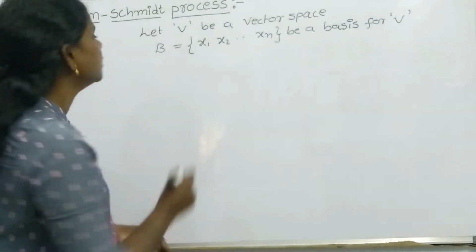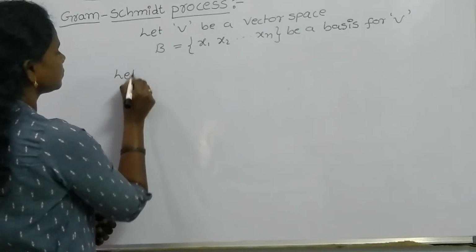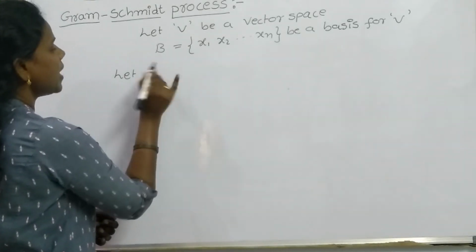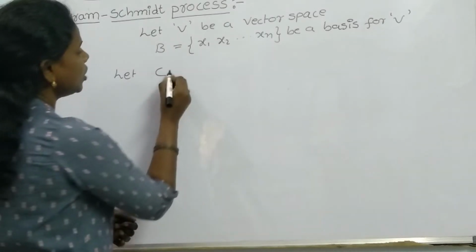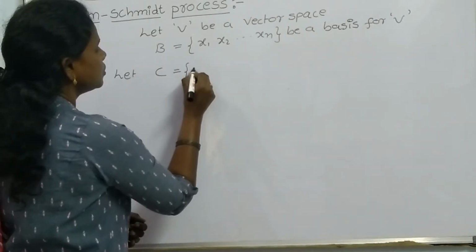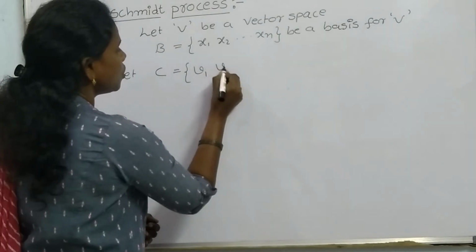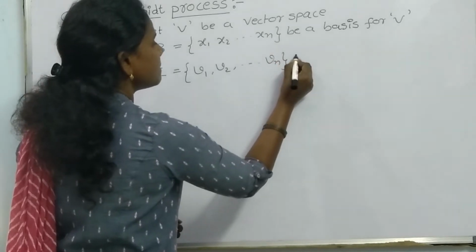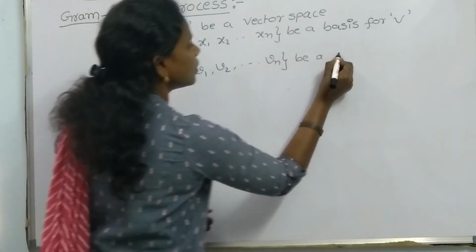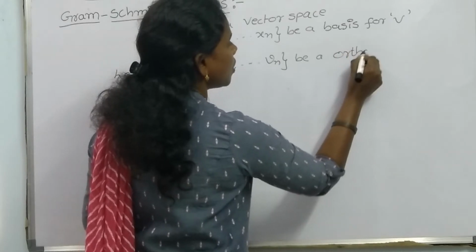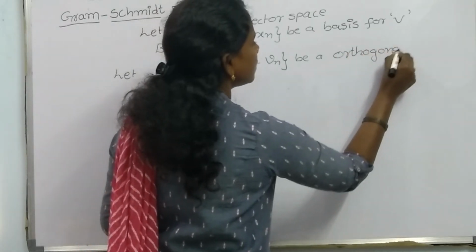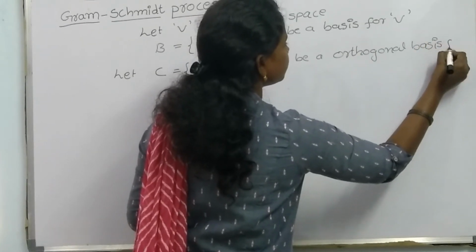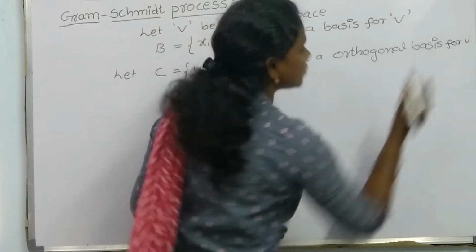Let us see that. We take one more variable, C. C equals small v1, small v2 and so on, vn, be an orthogonal basis for V.